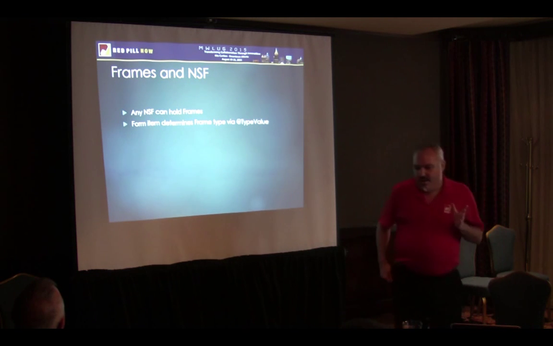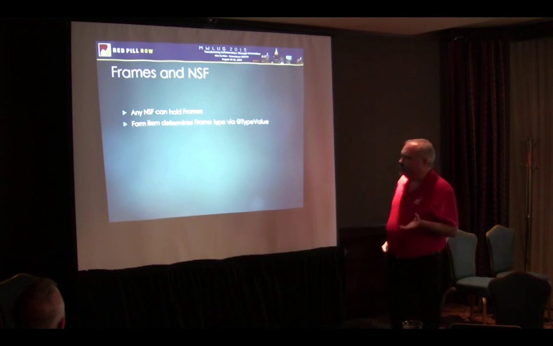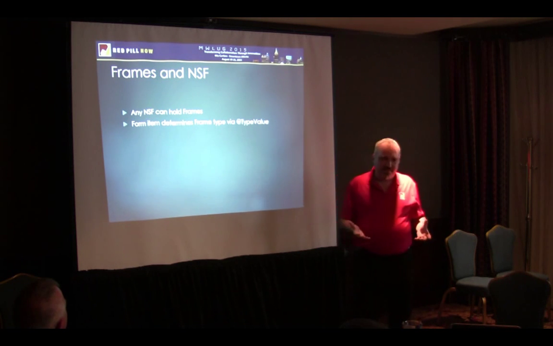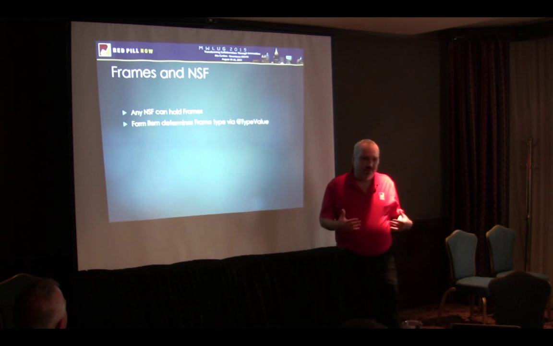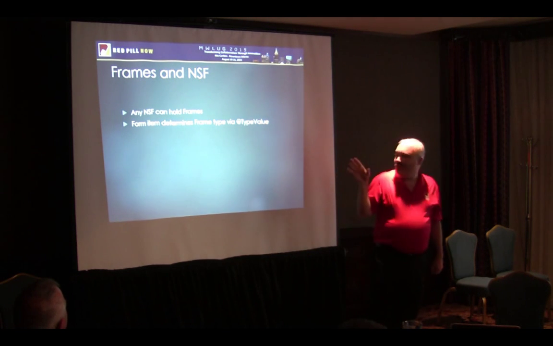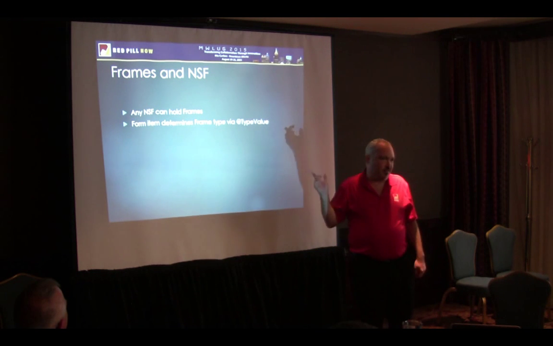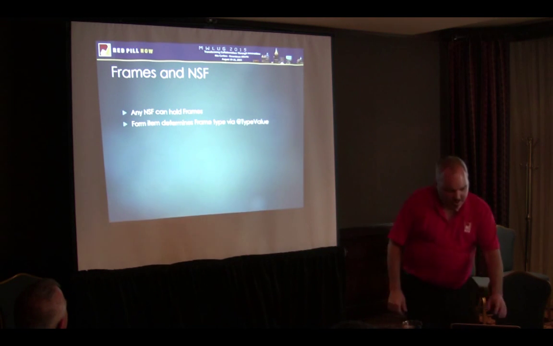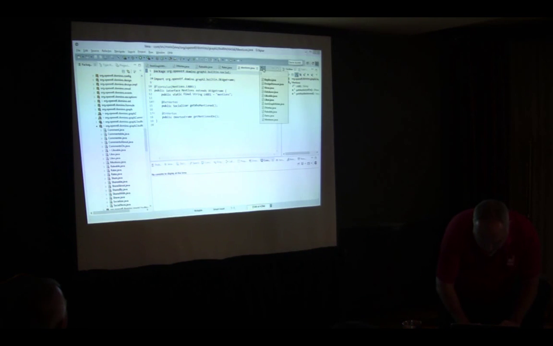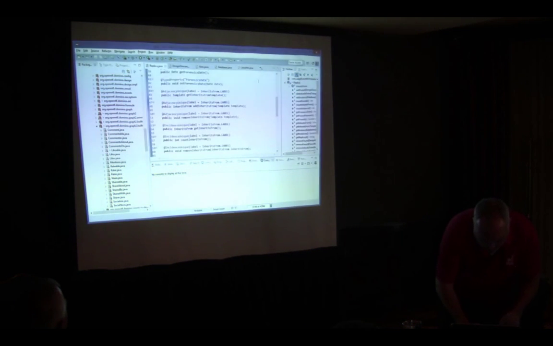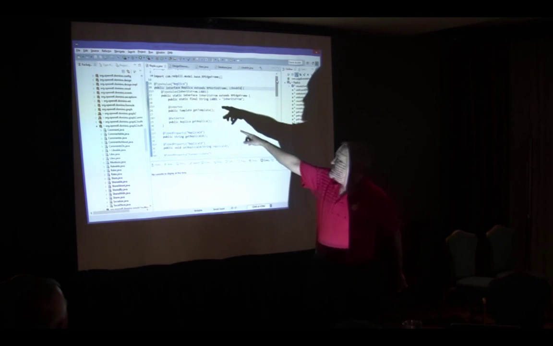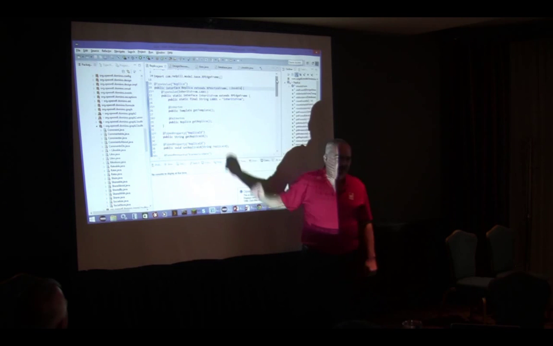So, how do frames and NSFs relate? Since any NSF documents can become vertexes, any NSF can hold frames. And we use the form item to determine the frame via an annotation called type value. In that replica vertex I was just mentioning, there's a little annotation at the top that says the type value is replica.